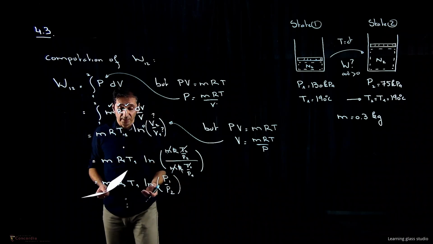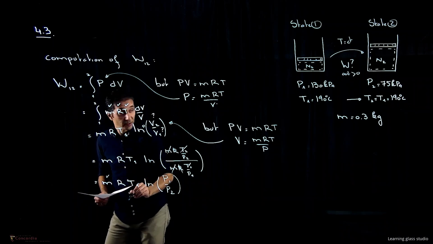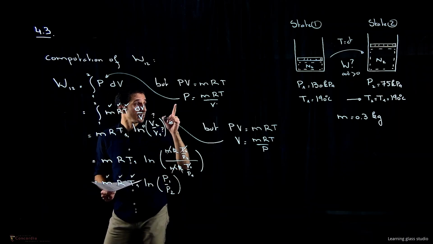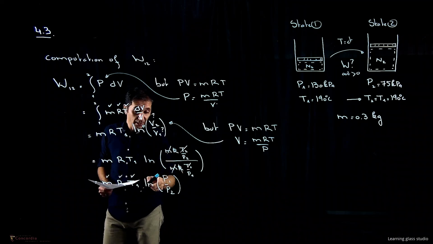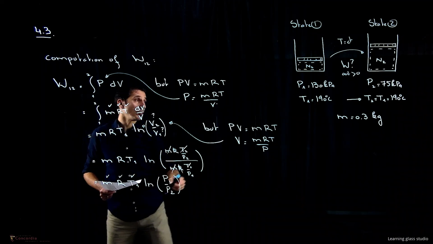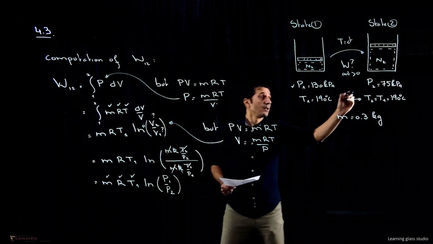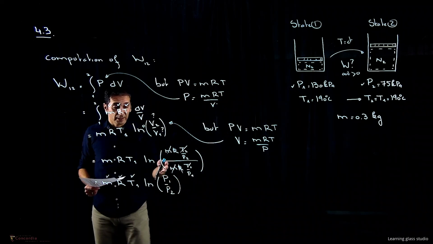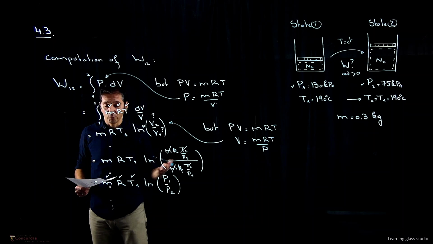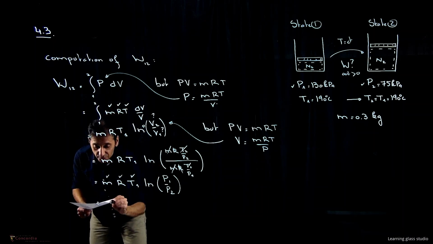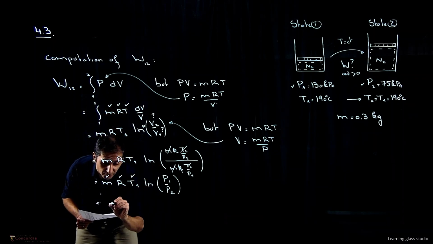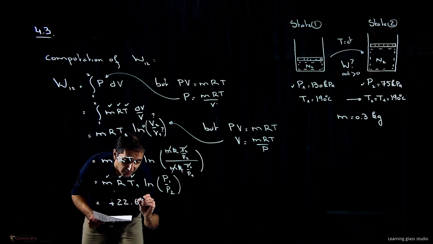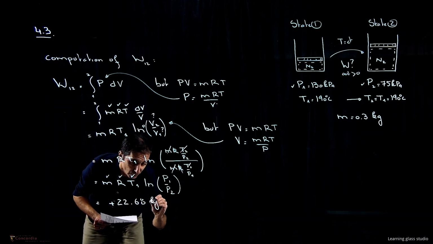And this one is more systematic because we are given the mass, we have the gas constant, we know T1 and it's isothermal, but here we are given P1 and P2. So we just plug the values and calculate this without calculating V1 and V2. If you plug the values, you get exactly the same value of plus 22.68 kilojoules.